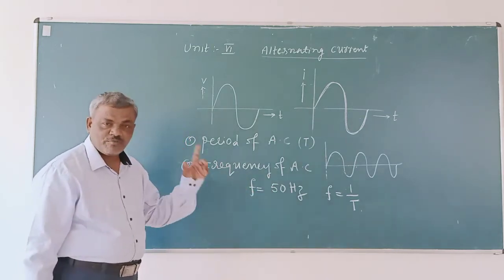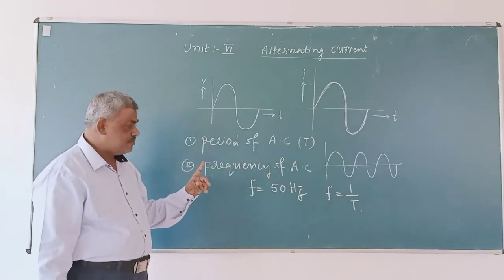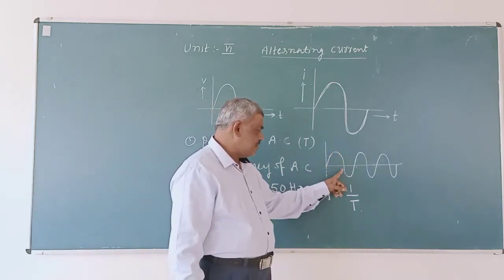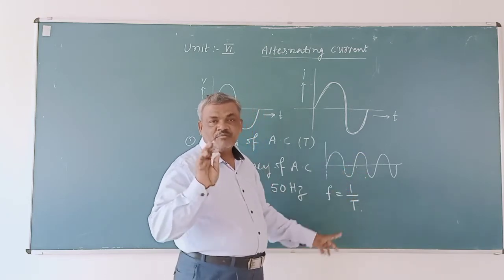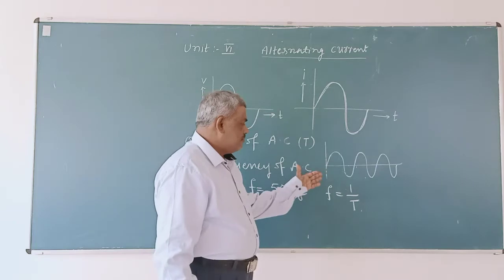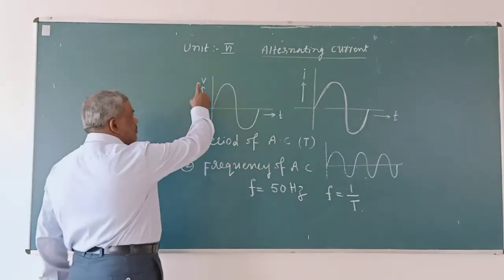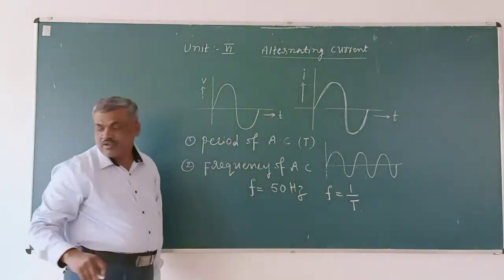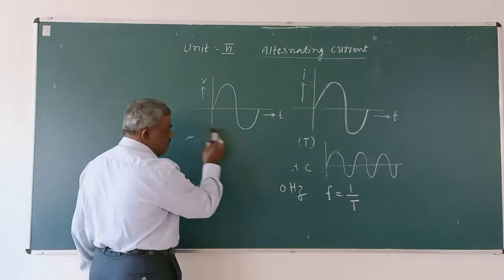Repeat one more time: the frequency of AC means the number of cycles completed per second by an alternating current. Now your graph is V and I. V and I represent the instantaneous value of AC.